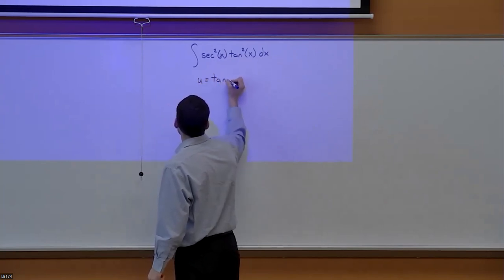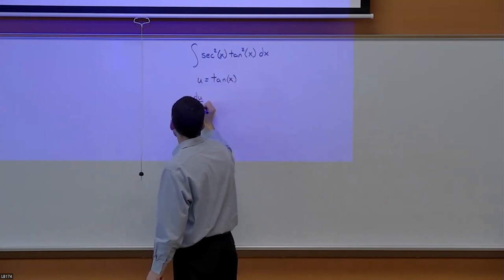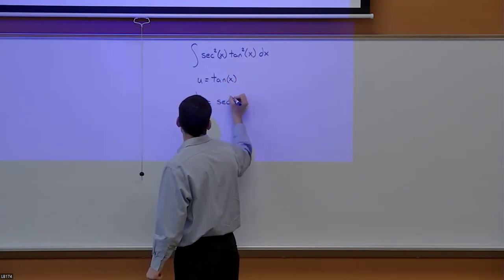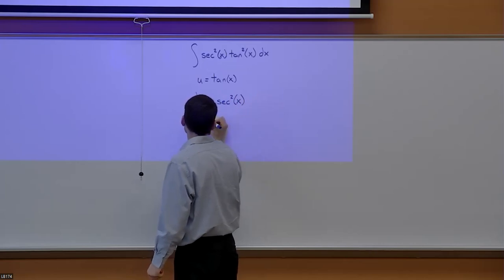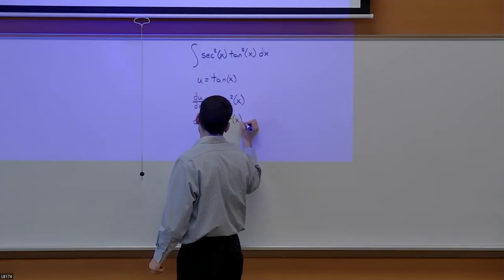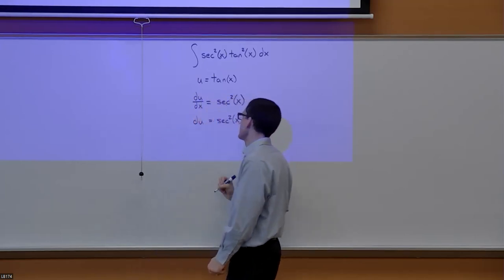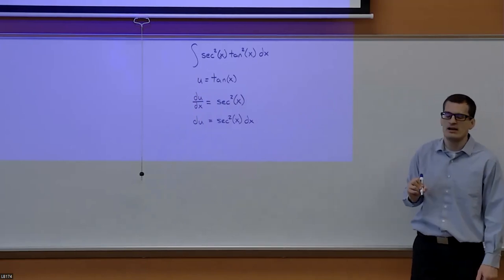Let u be tangent. And then the derivative of tangent is secant squared. And so secant squared of x times dx can be replaced with a du.